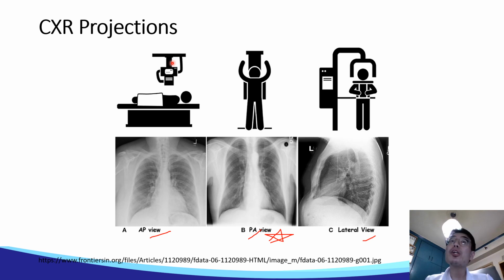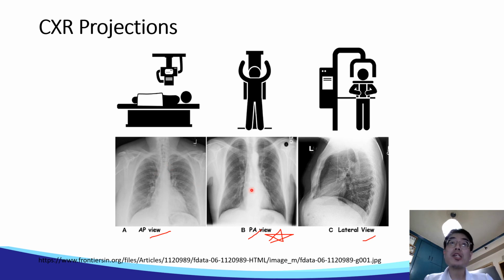The clear advantage of the AP view compared to the PA view is that it is more convenient to perform for intubated patients, trauma patients, or patients who are unconscious. The disadvantages of an AP view, however, are that the mediastinal structures may appear magnified because the heart is further away from the X-ray detector.